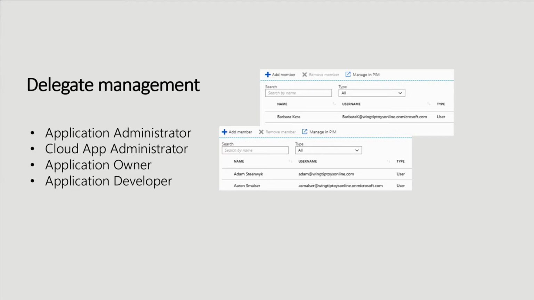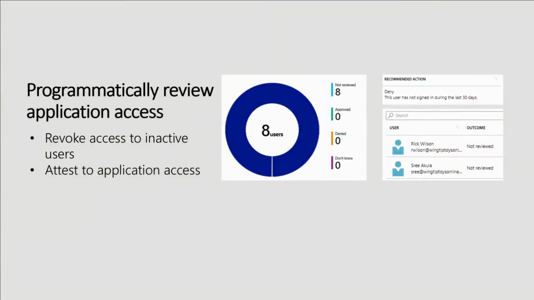So once you've gotten these roles assigned to users and a bunch of apps added to your tenant, you'll want to start reviewing who's actually accessing those applications. So we've released a capability called Access Reviews, where you can look at, for example, all of the guest users in your tenant and see which ones have actually accessed this app in the past 30 days and determine should this user still have access to that application.